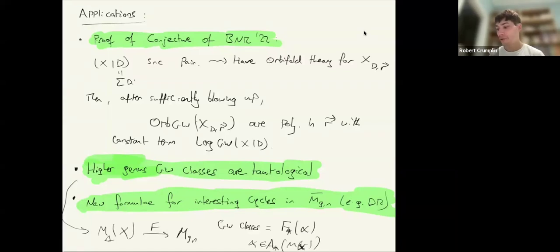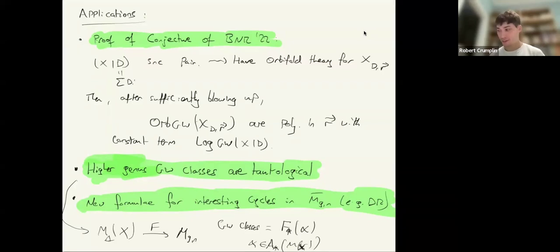And the last bullet point is that you can get other interesting cohomology classes in M_g,n bar by applying this understanding of the polynomiality of the fundamental class to certain targets.